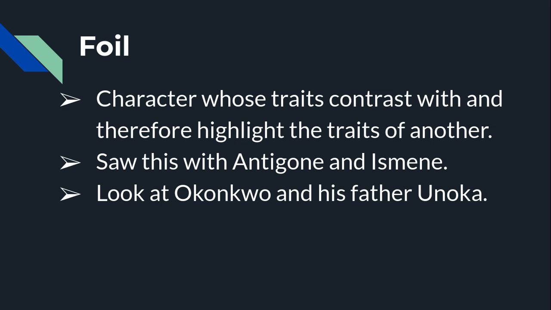And I know in all of the classes, we looked at both of those characters and we had that really cool picture of both of them and how Antigone was very headstrong and she valued more the laws of the gods, whereas Ismene seemed a little bit more wishy-washy, but she wanted to obey the laws of the land and not irritate her uncle King Creon. And so you're going to look at how this also plays into the role of Okonkwo and his father.